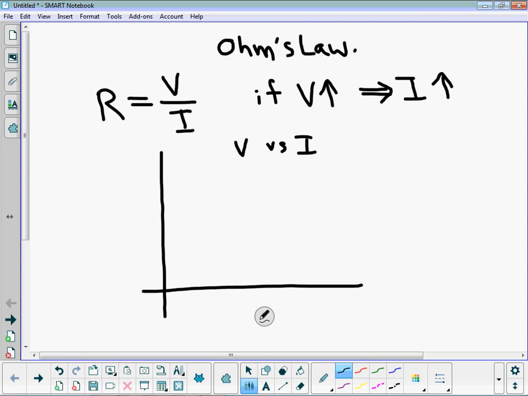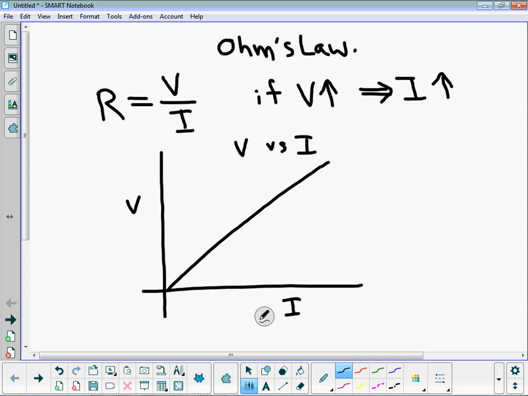If I put the volts on the y-axis, and I put the current on the x-axis, when we make this graph, it will make a nice straight line. And that straight line indicates to us that this device is following Ohm's law.